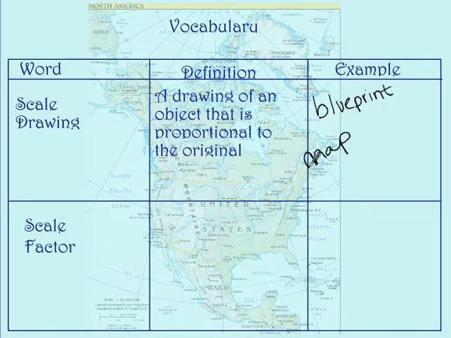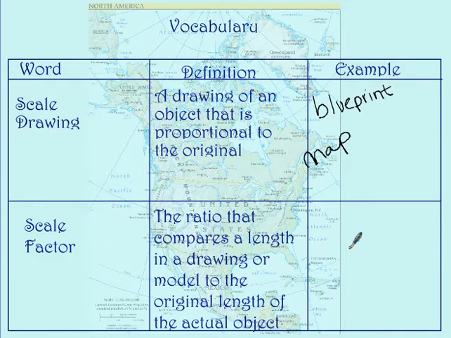And then scale factor. We briefly touched on this earlier, but the scale factor is the ratio that compares a length in a drawing or model to the original length of the actual object. Mathematically, it's how we compare the two objects.